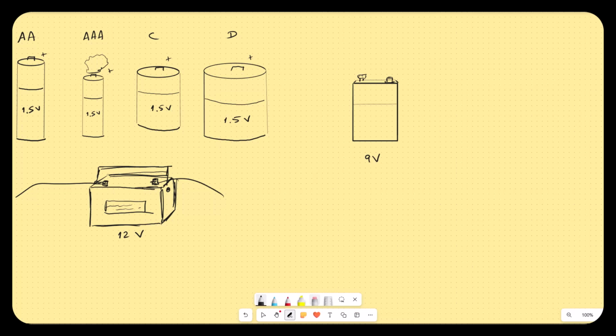I'm going to get rid of the foil. We have the positive end on top, the negative end on the bottom. In this one of our terminals is positive, one of our terminals is negative, and over here, same thing. We're going to have a positive terminal and a negative terminal. 2 9-volt batteries gives you more voltage than a car battery. Again though, looks a whole lot less scary.